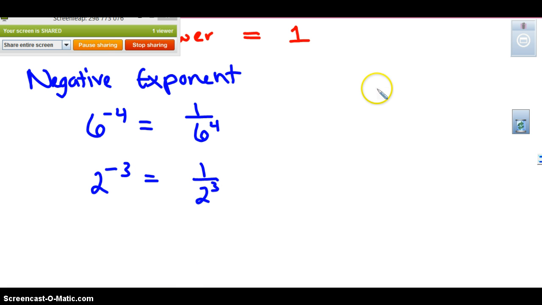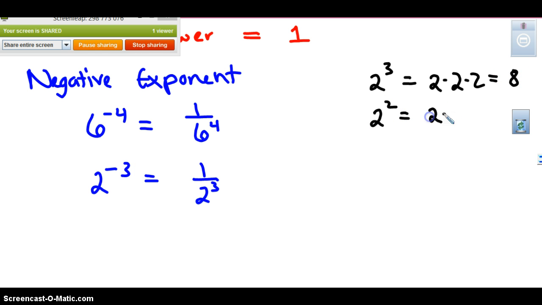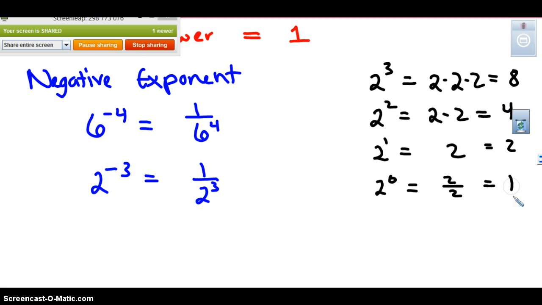So earlier we said 2 cubed equals 2 times 2 times 2, which is 8. We said 2 squared equals 4. Correct me if I'm wrong. 2 to the 1st power we said equals 2. What did we say was 2 to the 0 power? 1.